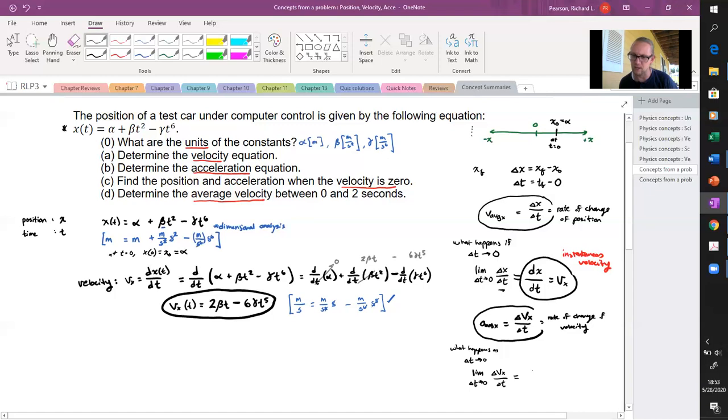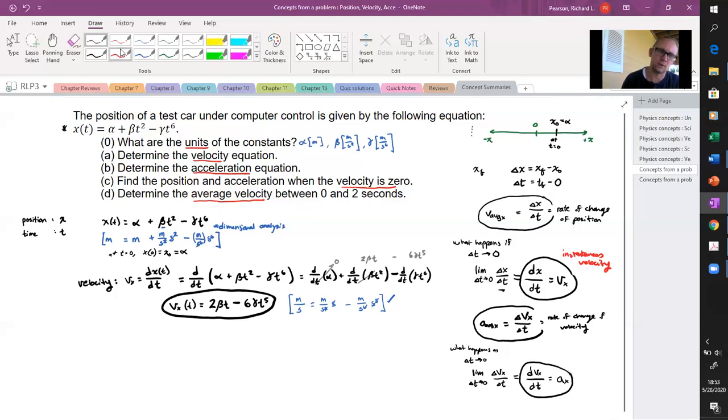This turns into, again, a derivative. A derivative of the velocity with respect to time gives us the instantaneous acceleration in the x direction. Again, we're only dealing with the x direction right now. So this is now the instantaneous acceleration.